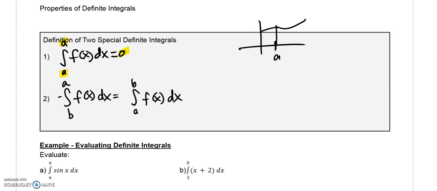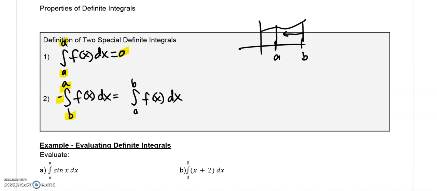Look at your limits here. It goes from now b to a. So in this case, if b is over here, you're integrating that way. Okay, so your integral is backwards. If you integrate backwards, that gives you a negative answer. However, you also notice that there is a negative out front.